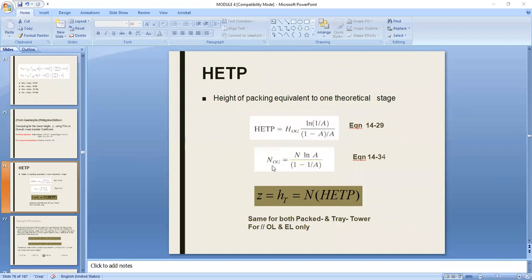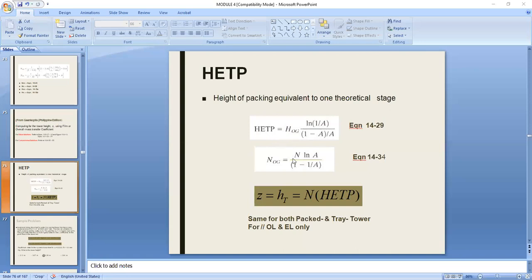And you have here the NOG in terms of the absorption factor and the theoretical number of stages. So if you have determined the theoretical number of stages, you can determine the NOG. And if you have the HOG, then you can have the two multiplied to get the Z. But if you want to convert from the HOG to HETP, because HETP uses only the theoretical number of stages to get the Z, then you can use the HOG to convert it to HETP.